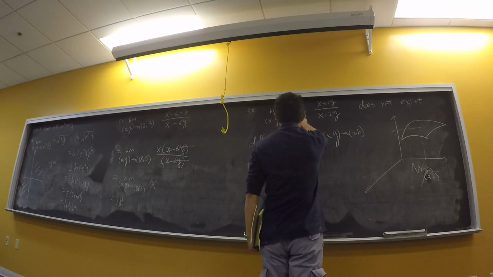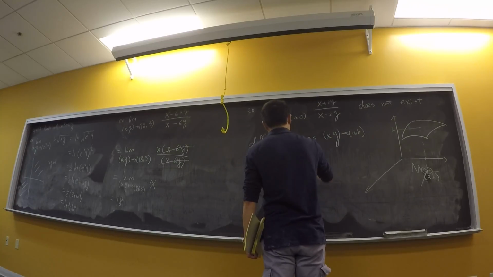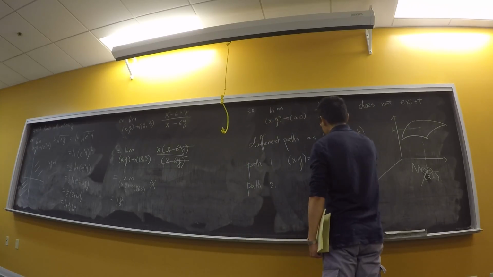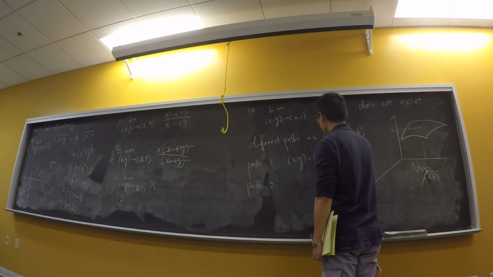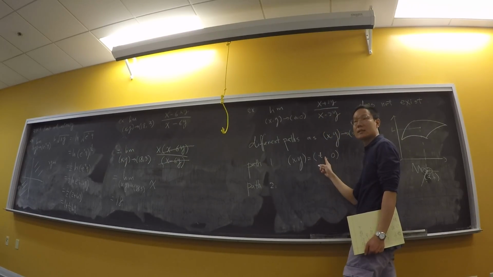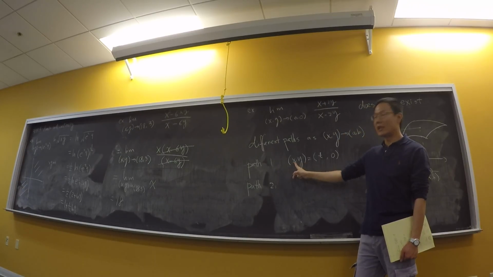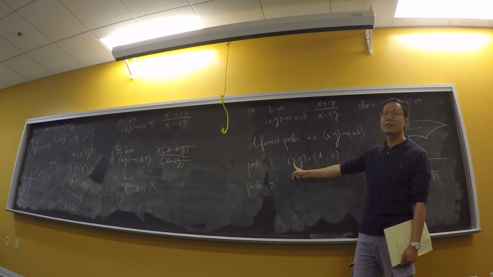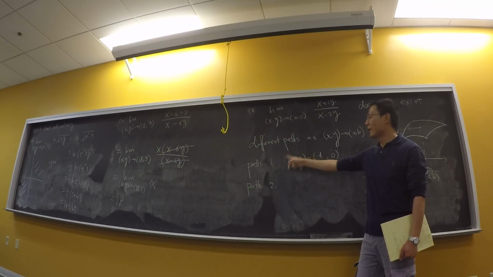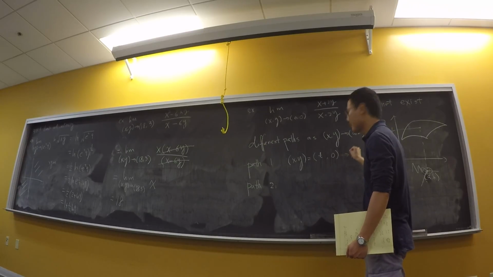So if I want to approach the fixed point 0, 0, I want y to be equal to 0, and x is a variable which is approaching 0, all right? So I fix y to be 0, and I let x approach 0, then this whole point will be approaching 0, 0, am I right?